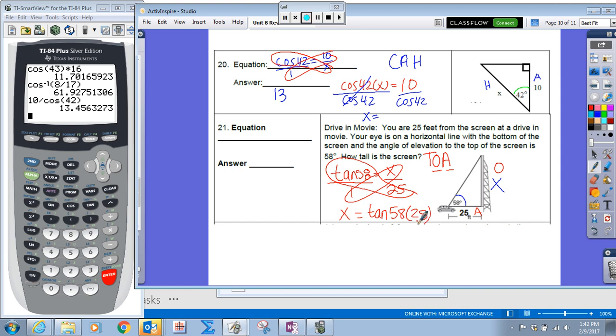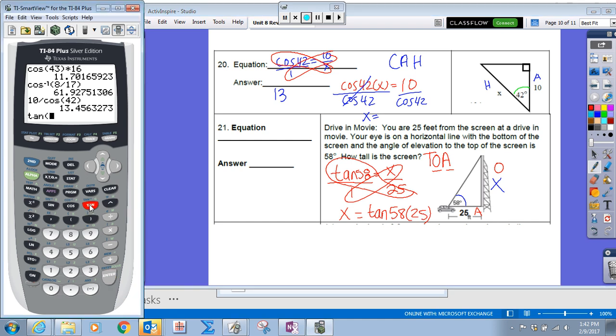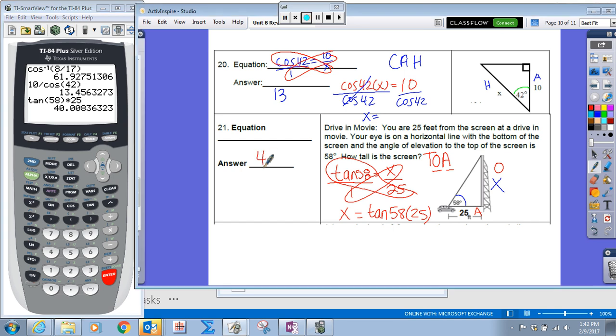Then as soon as you get x by itself, you can put it in the calculator. So we have tan 58, close our parentheses, times 25. And that just equals 40. So this is your equation, and here's your answer.